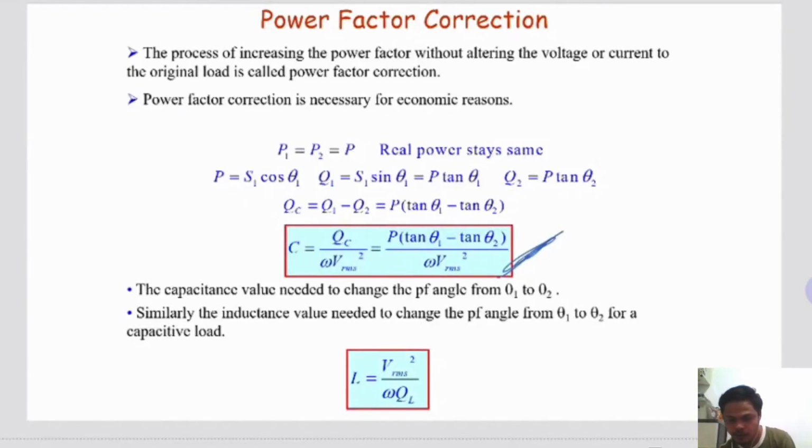So power factor correction is necessary for economic reasons. Okay, most of the electric cooperatives buy power from the generation company. So from generation to transmission to electric cooperative.